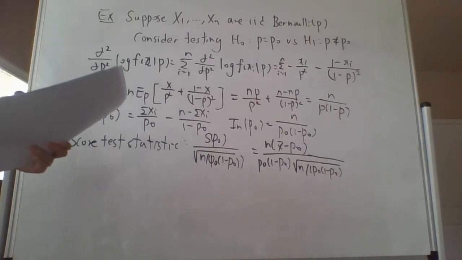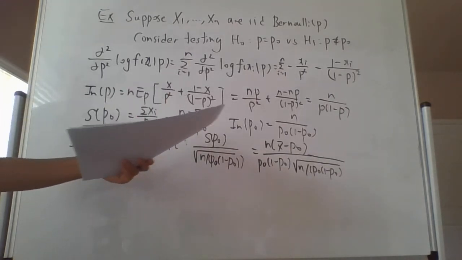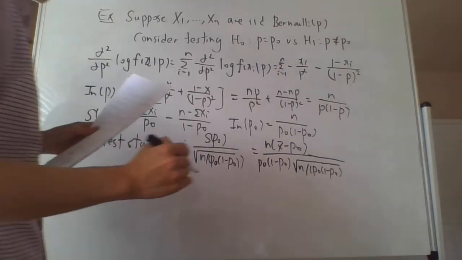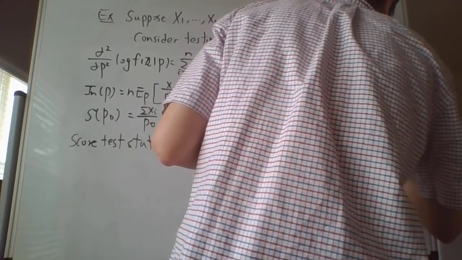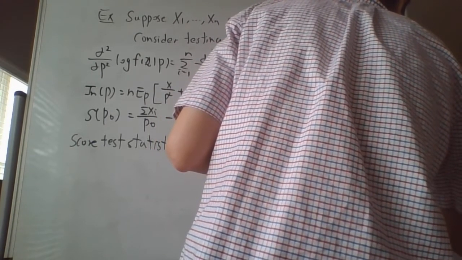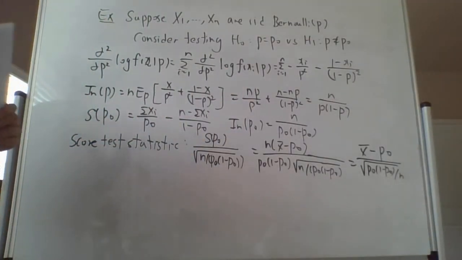So S(P0), if you unite these two terms, you get n times x bar minus P0 divided by P0 times 1 minus P0, and then the denominator is the square root of n divided by P0 times 1 minus P0. This is x bar minus P0 divided by the square root of P0 times 1 minus P0 divided by n.